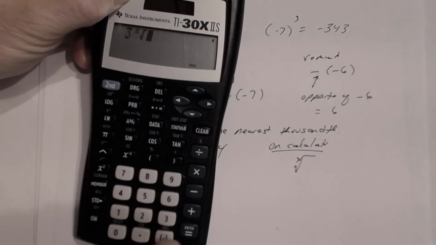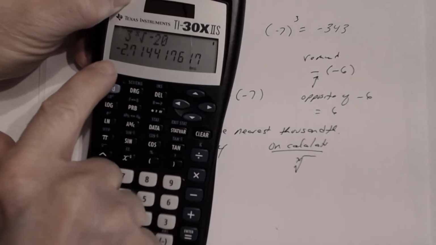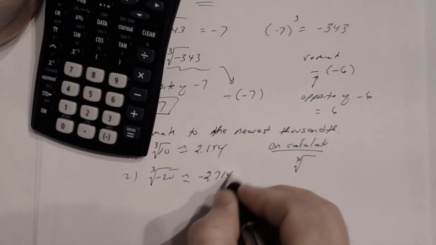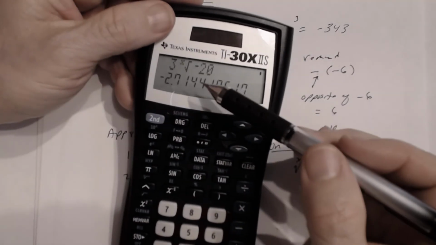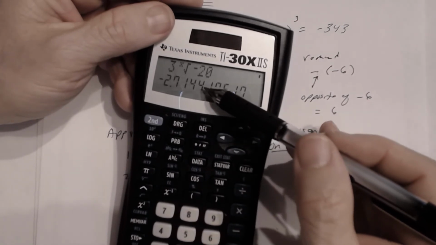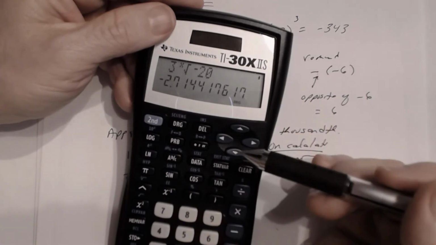Then negative 20, and then enter, and so you get negative 2.714. All right, so the nearest thousandth, remember, that's the 3 decimal places. Since this is less than 5, then 4 stays 4.